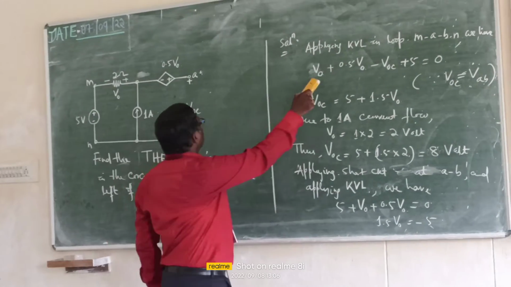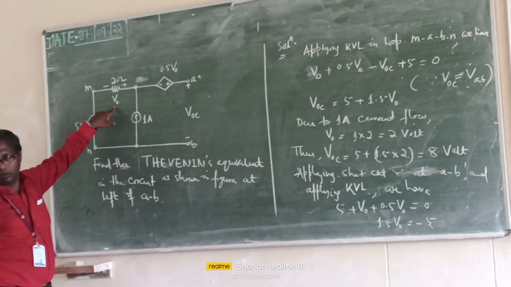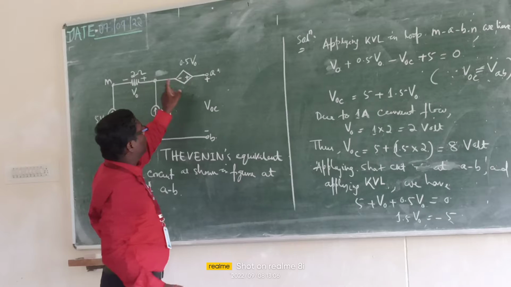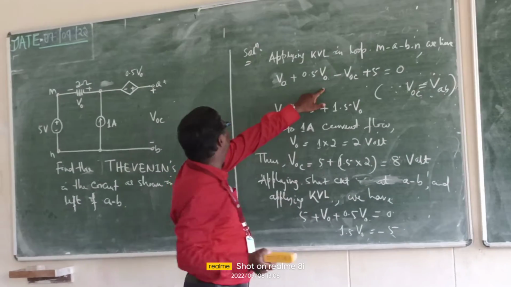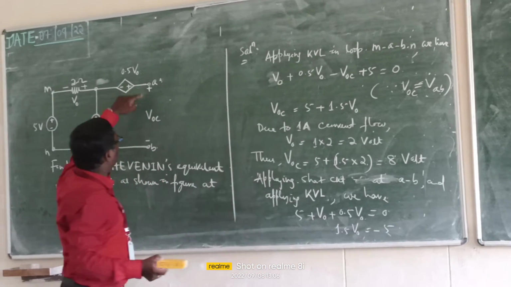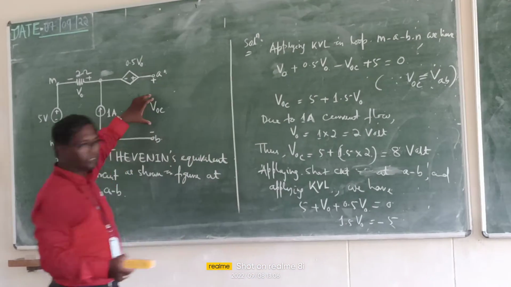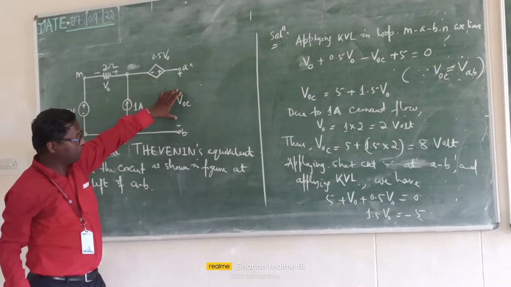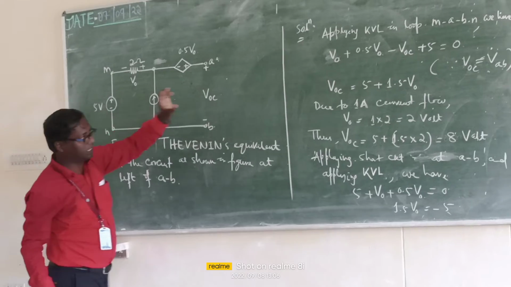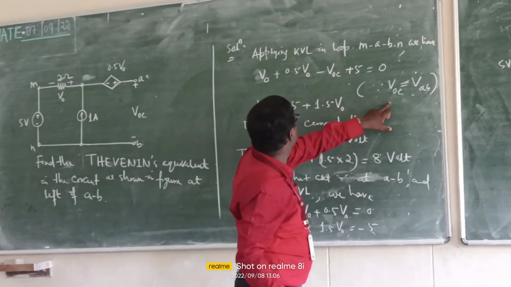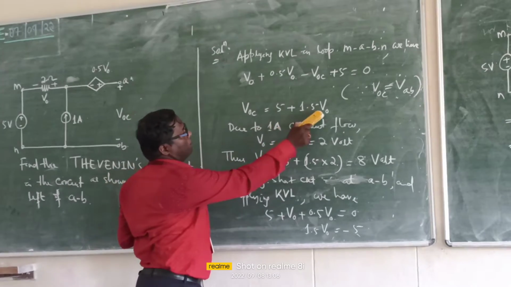Applying KVL, minus to plus, that will be 3 V0. Similarly, minus to plus, rising potential, so we can take 0.5 V0. Plus to minus, so we take minus VOC, this is your open circuit voltage. And minus to plus means rising potential, plus 5. So VOC becomes 5 plus 1.5 V0.